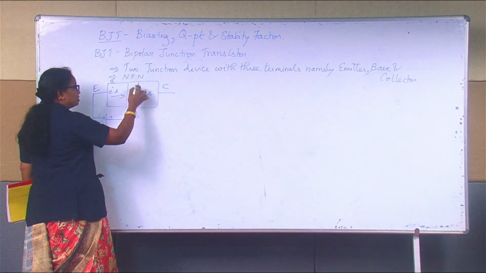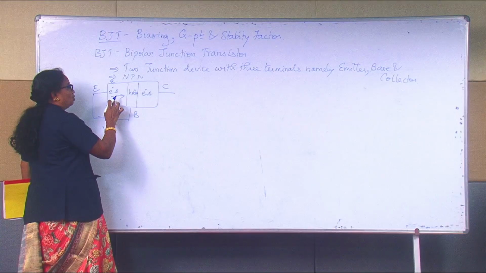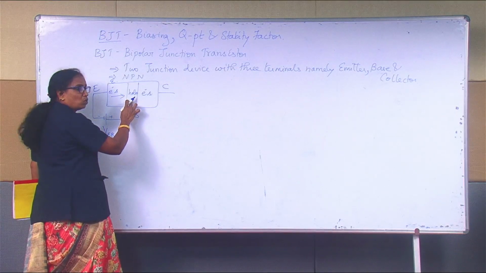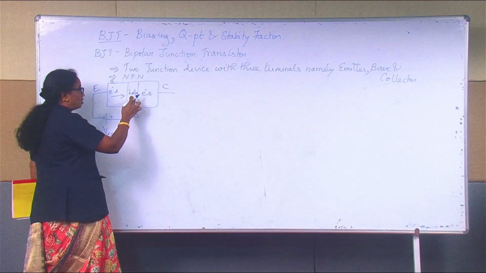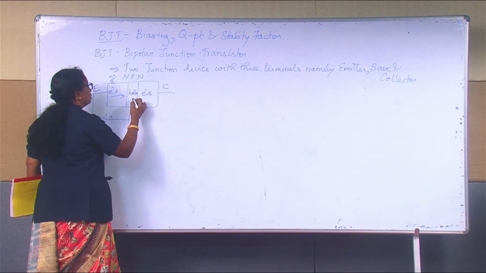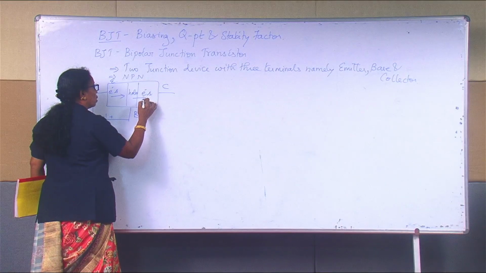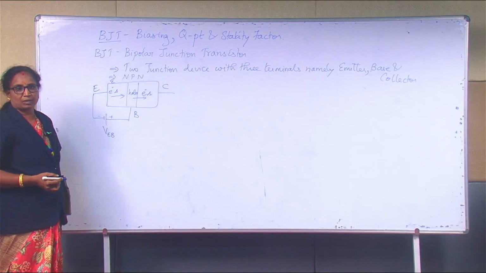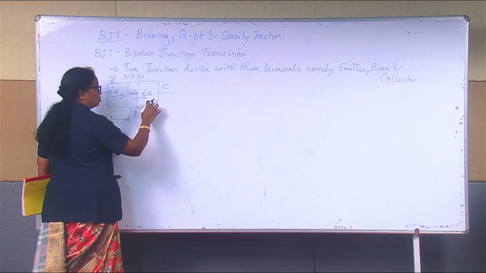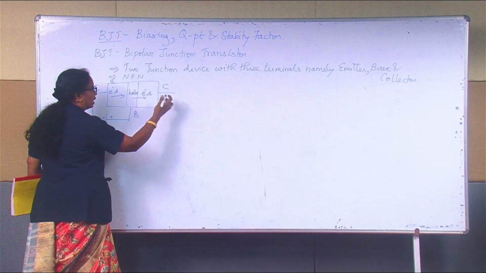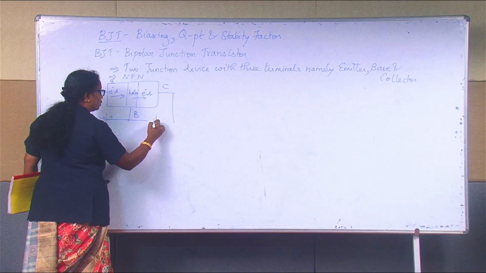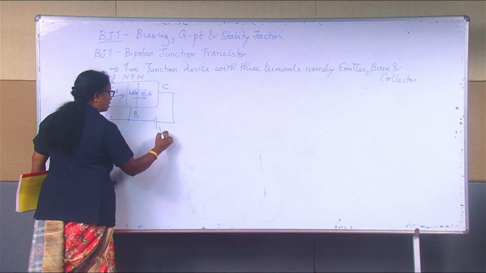And since the base is lightly doped, not all the electrons will find holes for recombination. Only few holes will have space to accommodate electrons that are coming from the emitter region. So, the remaining electrons will move towards the collector. These electrons can be collected in the collector region by applying a reverse potential across the collector base junction.